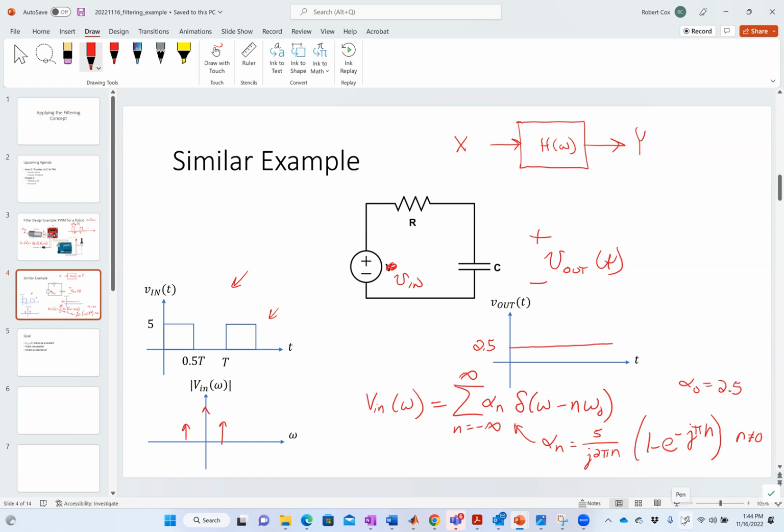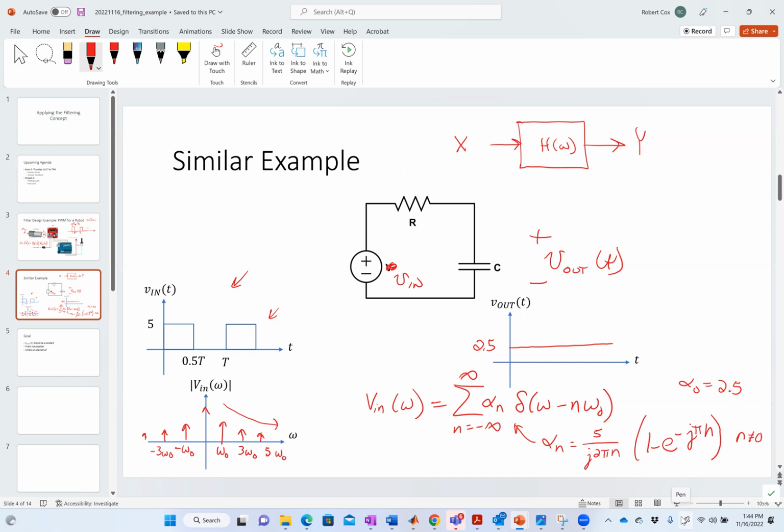If I go through this, I don't know the exact values, but what I do know is I'm going to see something like this. There's only going to be odd harmonics. And as the frequency gets higher, these get smaller.